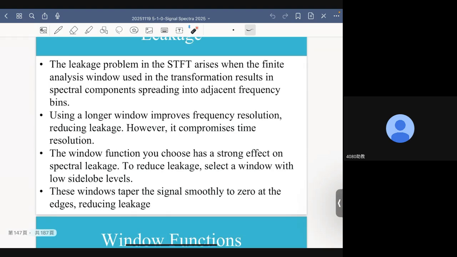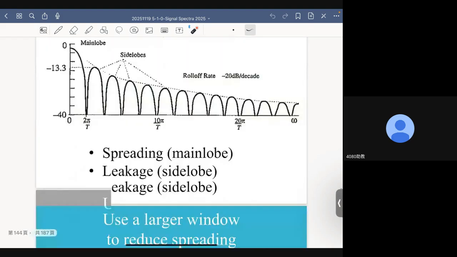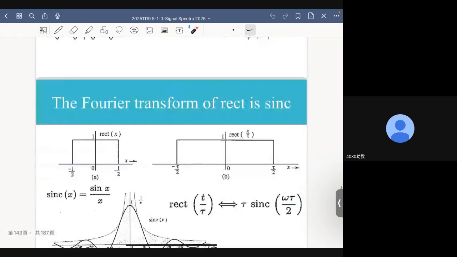But the real source of the problem behind spreading is that the window function you choose has a strong effect on the spectral leakage. To reduce leakage, select a window with lower side lobe levels. What does that mean?